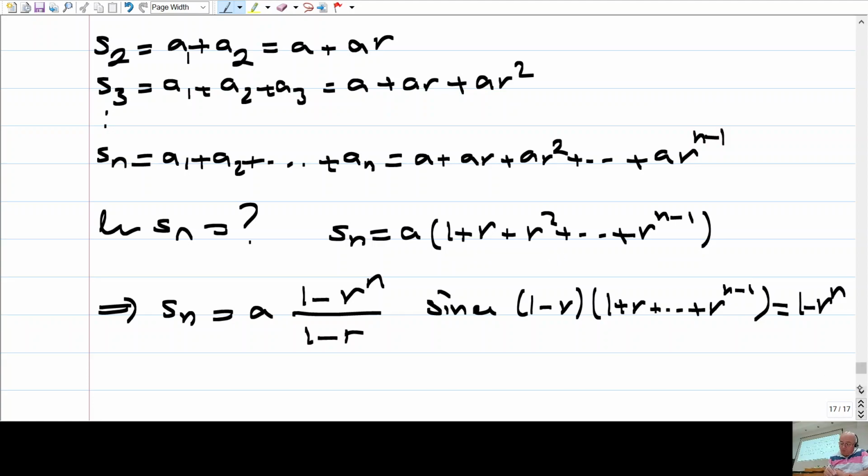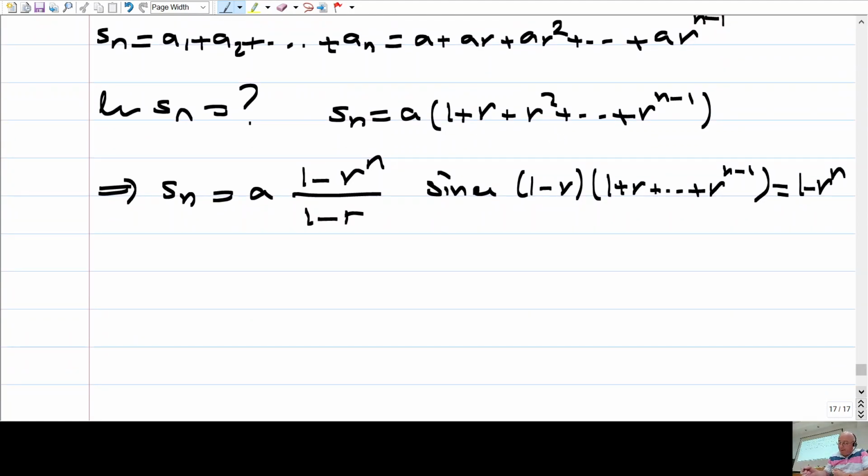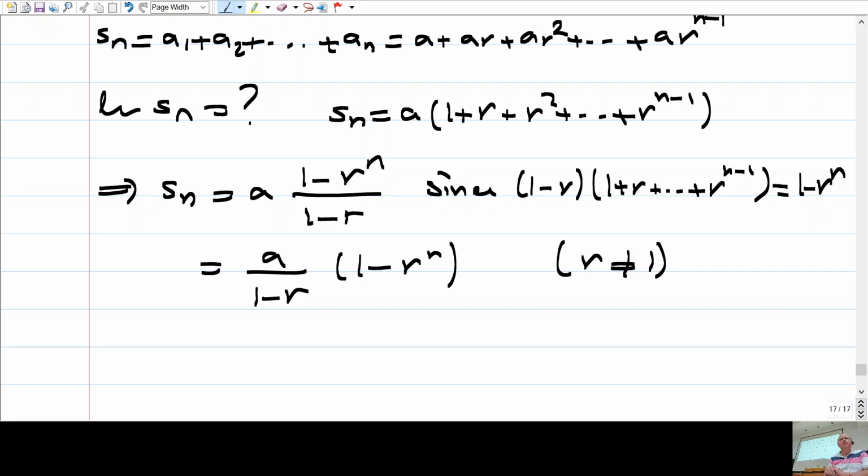Then this can be written as a over 1 minus r, times 1 minus r to the power n. Of course, here you have to be careful. You assume that r is not 1. Then I'll come back and see what happens if r is equal to 1.